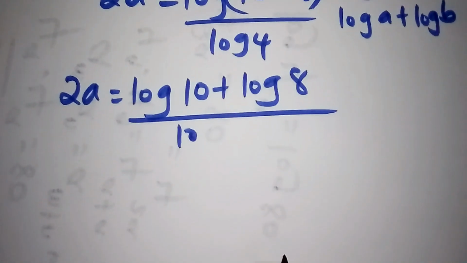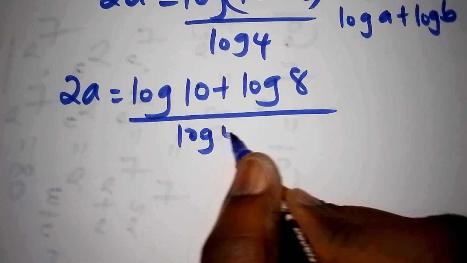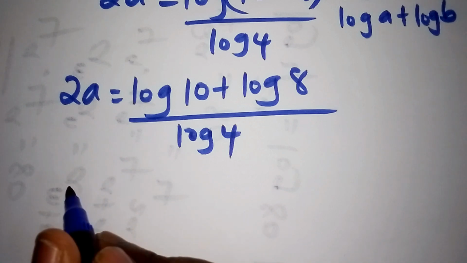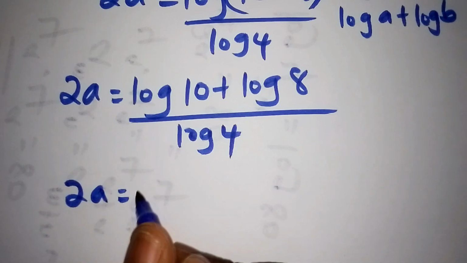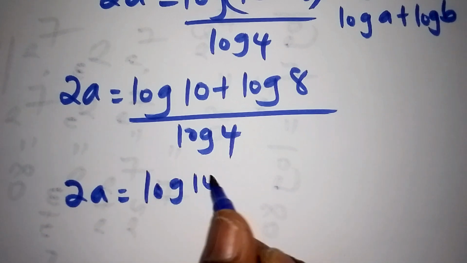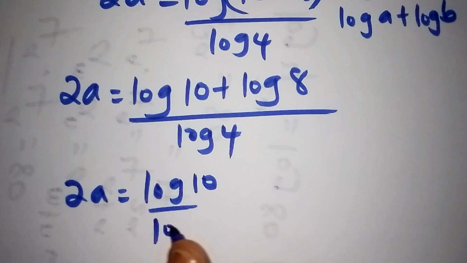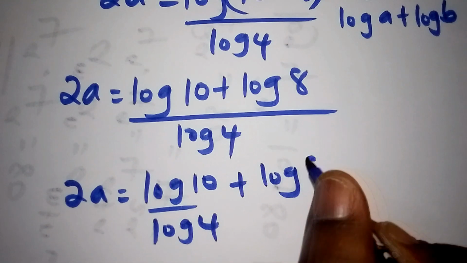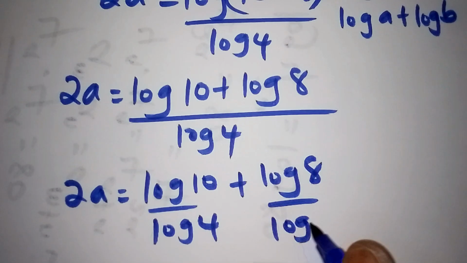So our next step is to divide both sides by the log of 4. So 2a is equal to the log of 10 all over the log of 4, plus the log of 8 all over the log of 4.